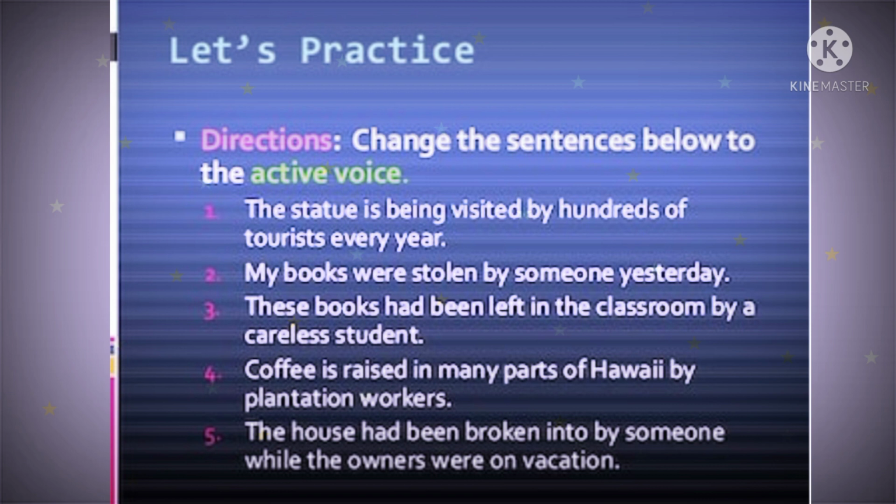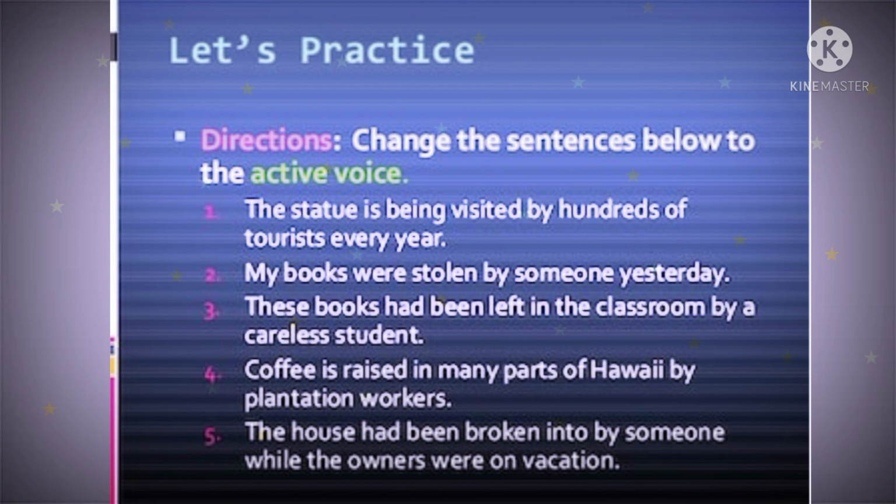So how can we convert it into active voice? Take by whom first, by the subject. So what is that? The tourists. Hundreds of tourists are visiting the statue every year. So we have changed it back.